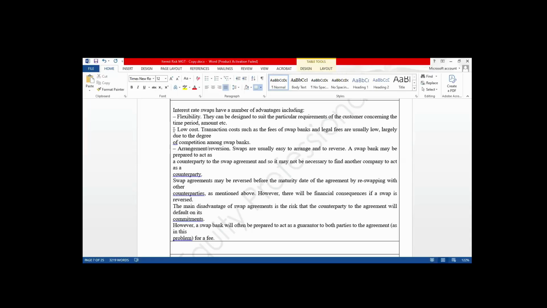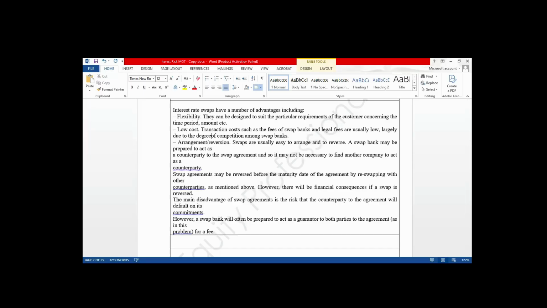Number 2, low cost. The transaction costs involved, such as fees of the swap bank and legal fees, are usually low due to the degree of competition among the swap banks.